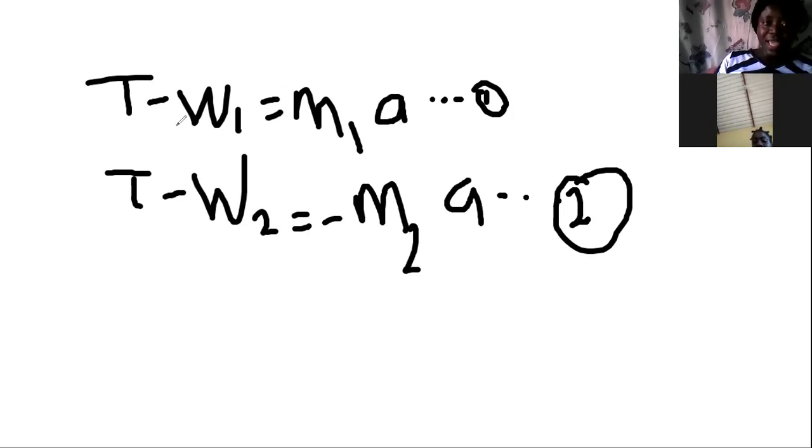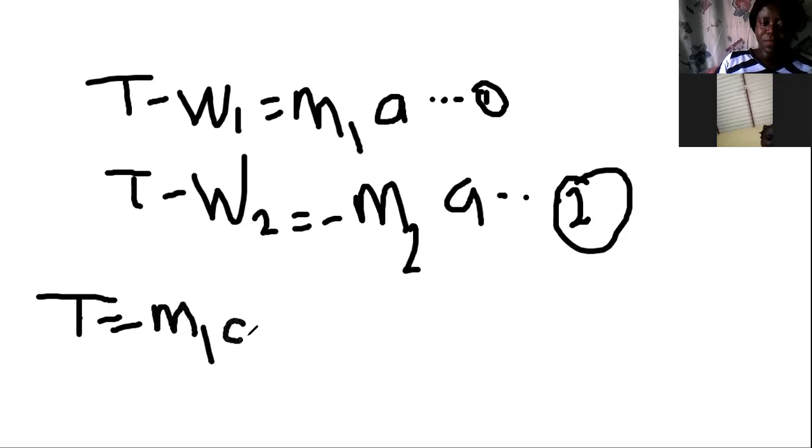Then we choose the first one. If you take the first one, make T the subject of the formula. What do we have? You simply move that weight 1 to the other side, making T the subject of the formula.